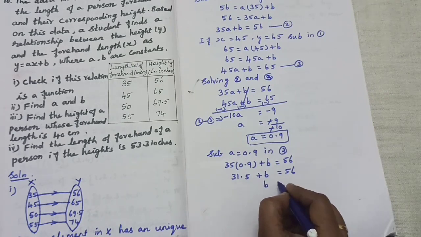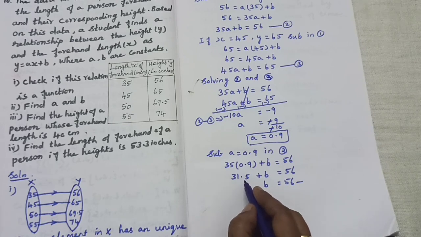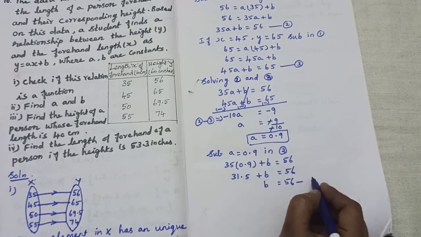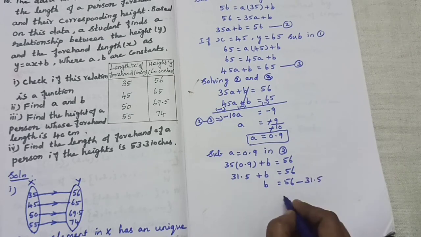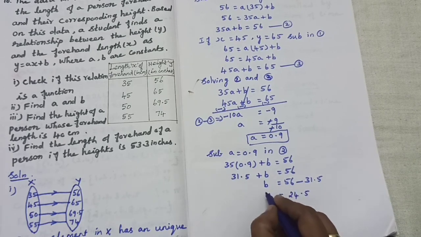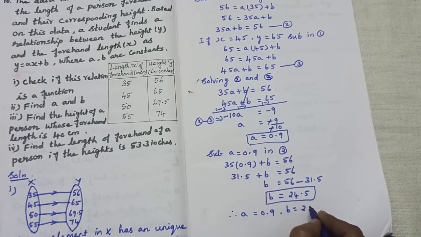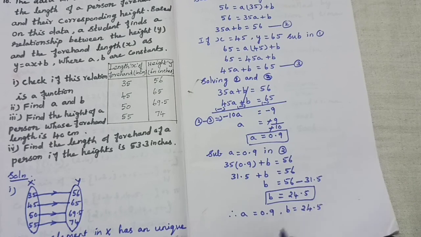Therefore b is equal to 56 minus 31.5; the sign changes when we bring it across. If we subtract, we get 24.5. So b is equal to 24.5. That is the answer to the second question: a is equal to 0.9 and b is equal to 24.5. Any doubt?